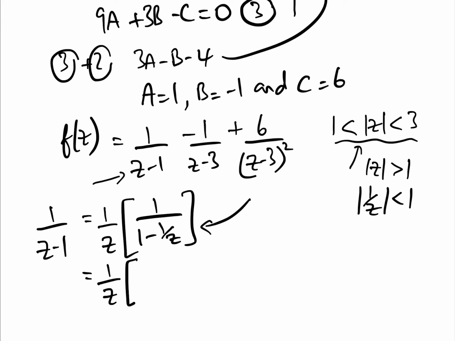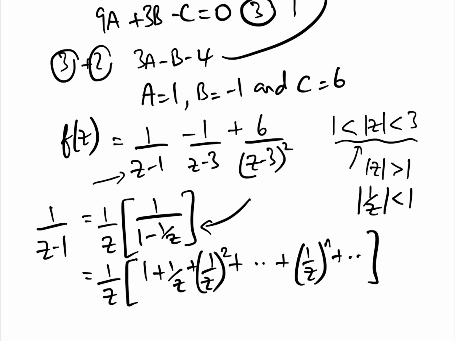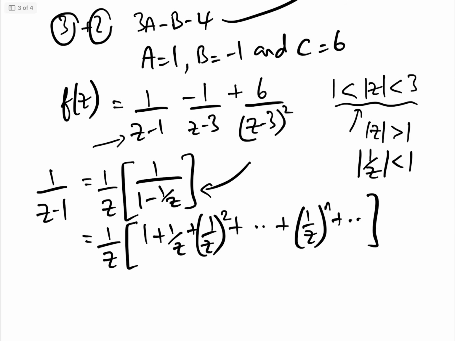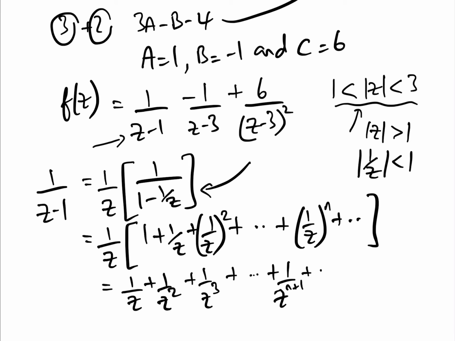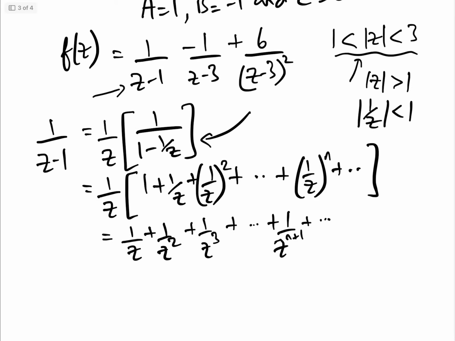So that is going to be 1 over z times (1 add 1 over z add 1 over z squared add ... add 1 over z to the n add ...). Expanding out, that is 1 over z add 1 over z squared add 1 over z cubed add ... add 1 over z to the n plus 1 add ..., which of course is a Laurent series there. So we got that one.